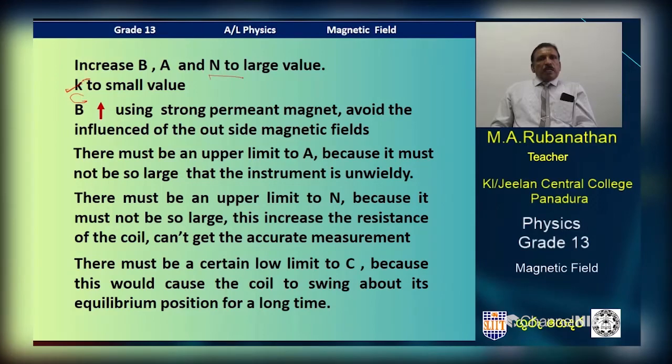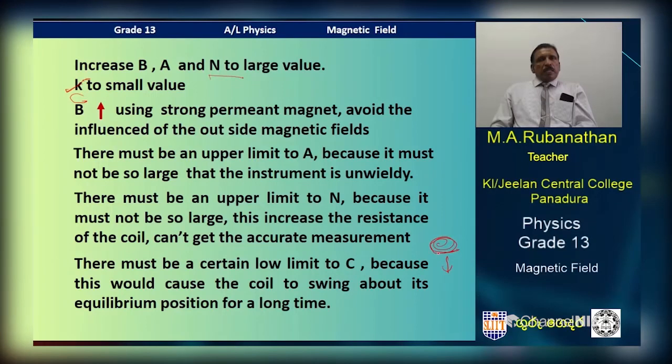There must be a certain lower limit to C. Here I mentioned C. There must be a certain lower limit to C, because otherwise this would cause the coil to swing about its equilibrium position for a long time. The suspension wire or spring constant C, you can't increase beyond a certain limit.